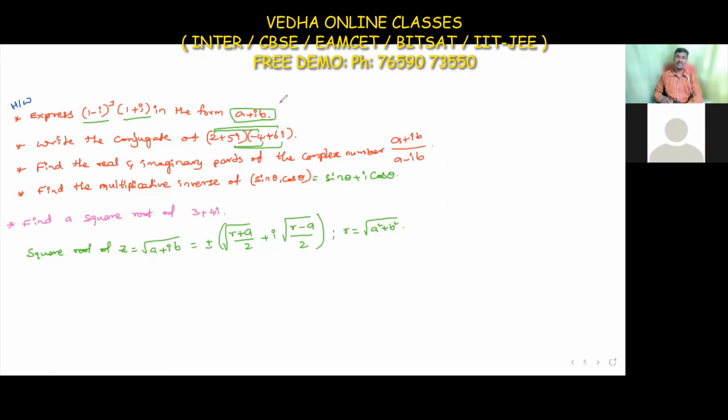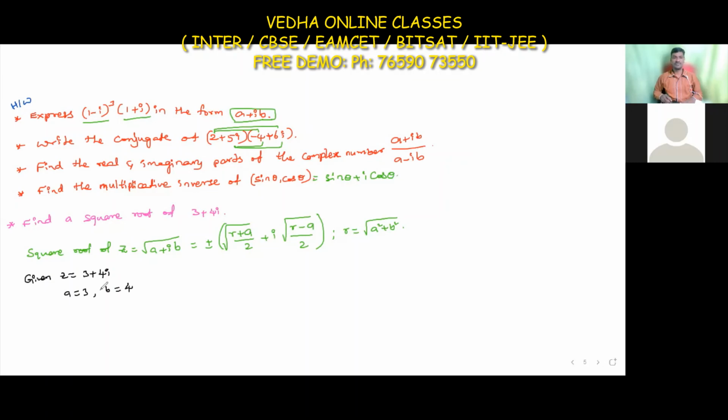Here, what is given? The complex number z is 3 plus 4i. What is the a value? 3. What is the b value? The coefficient of i, that is 4.